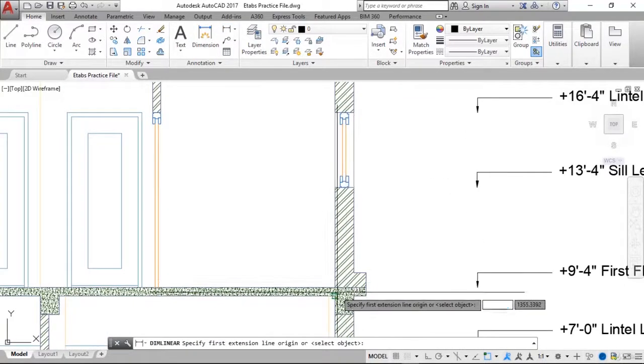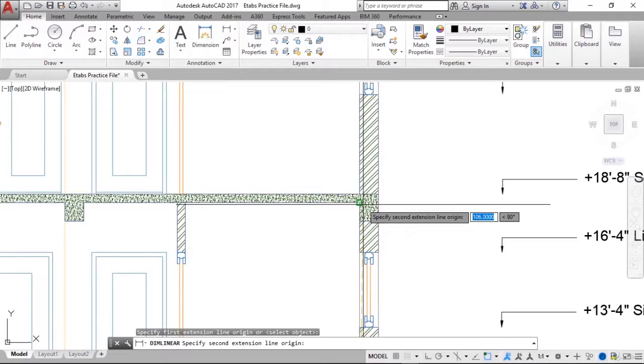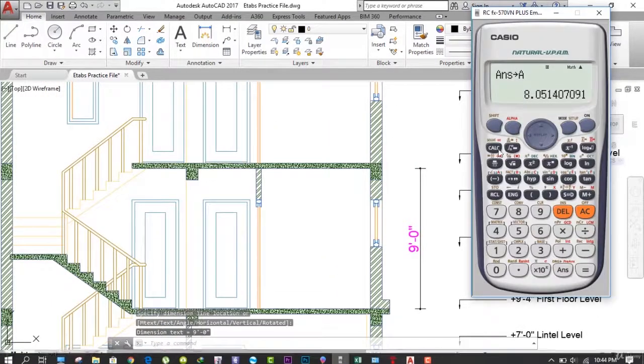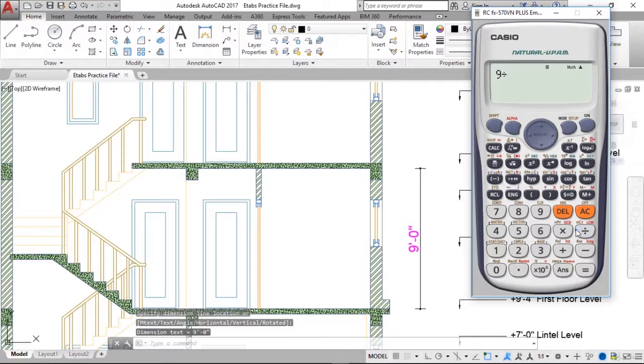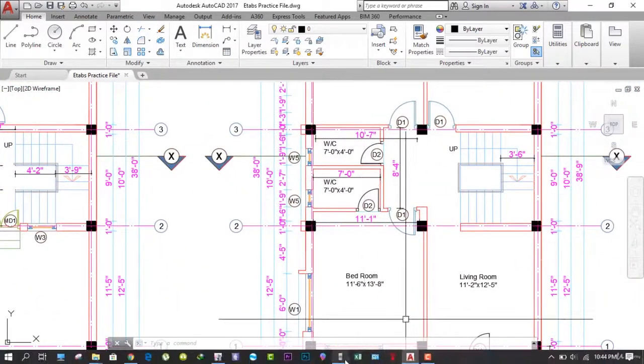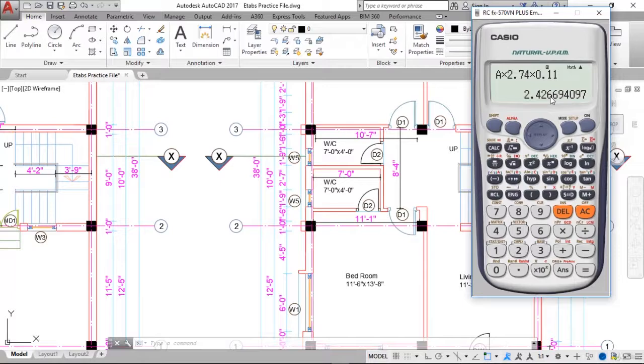The wall extends from top of this slab up to the base of this slab, so it's 9 feet, and we open our calculator and divide 9 by 3.281 to convert it into meters, so it's 2.74 meters. Okay, so we multiply A into 2.74 into 0.11, right? So it's 2.42 meter cube. So the total volume of these walls is 2.42 meter cube, right?